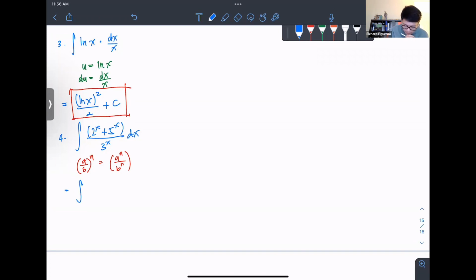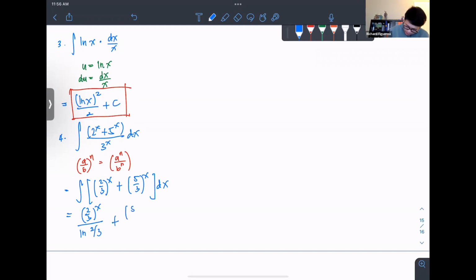So 2^x all over 3^x is the same as 2 over 3 raised to x, and plus 5 over 3 raised to x dx. Which is the same as (2/3)^x over ln of 2/3 plus (5/3)^x all over ln of 5/3, plus c.